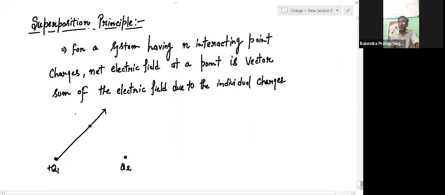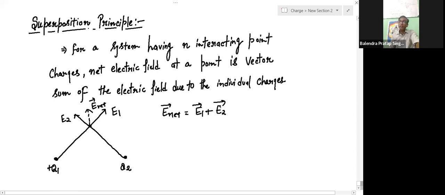You will find the electric field due to q2, this is again outward, and you will take a vector sum. This is your electric field E1 and this is your electric field E2, and the vector sum will go in between. This is the net electric field. So here you can write the net electric field is equal to E1 plus E2.